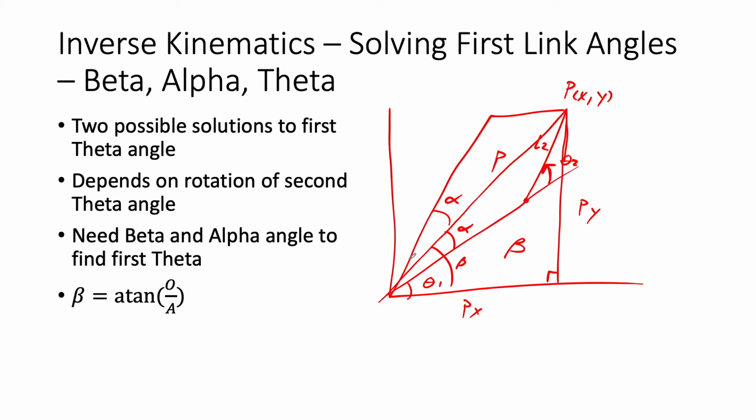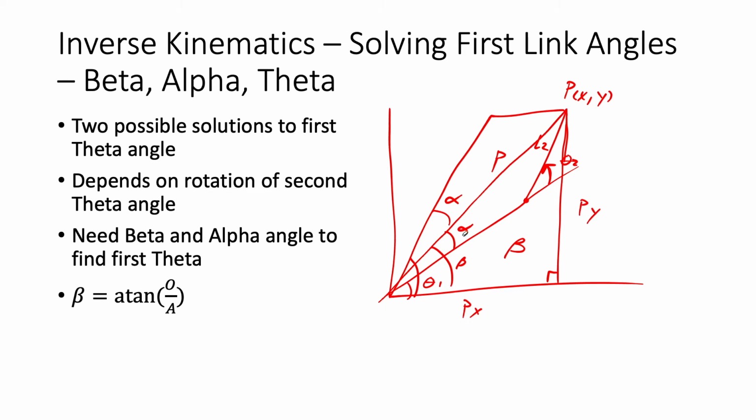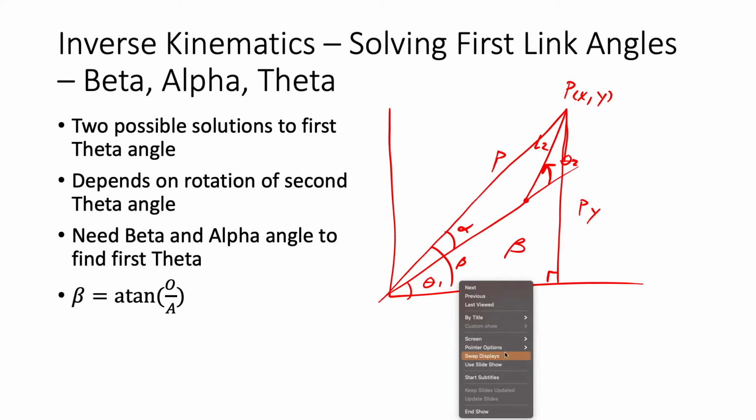And we would be interested in this theta angle. So theta 1 would be equal to beta plus alpha. So that's an important part to be aware of as well, that you can't always use the same equation to find theta. It depends on the orientation.